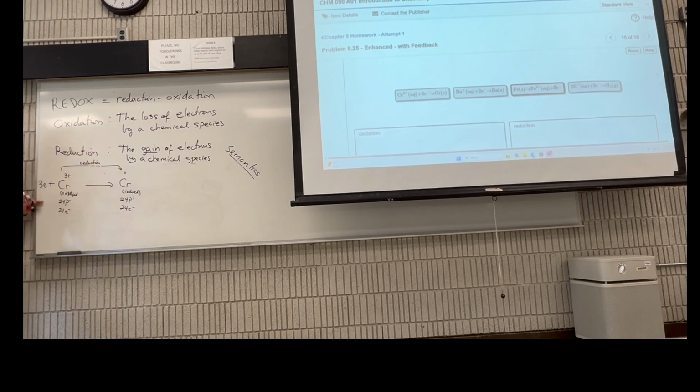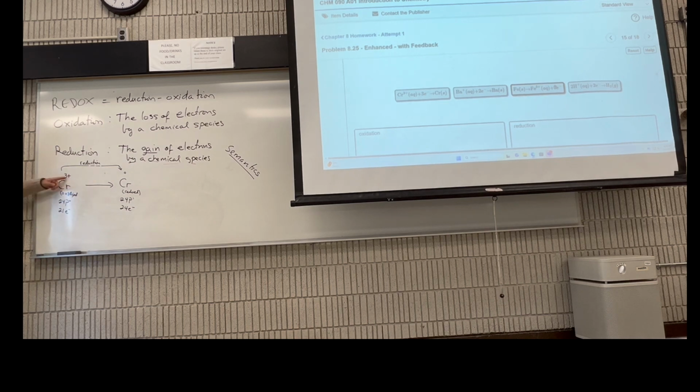There's nothing wrong with guessing wrong once you review the answer and realize, wow, it's not an oxidation, it's really a reduction. And again, it's misleading because of these 3 plus and this 0. How can that be a reduction?